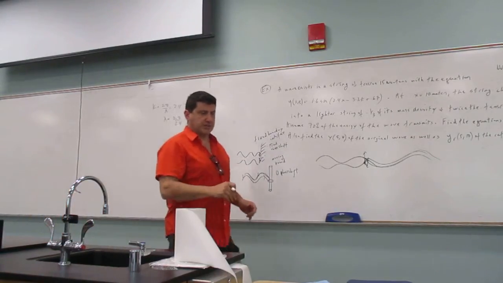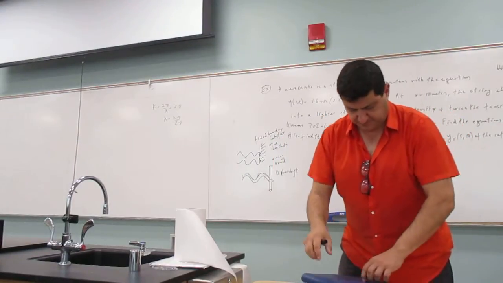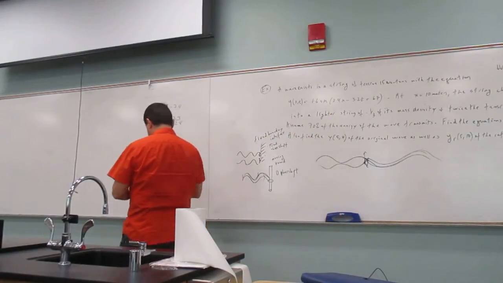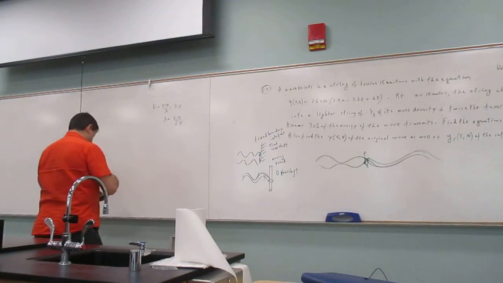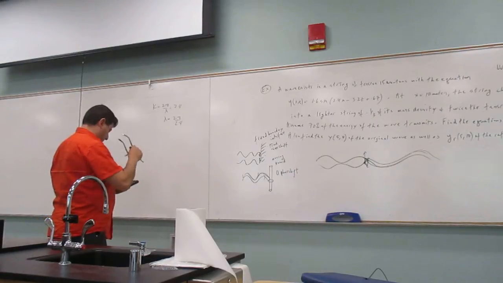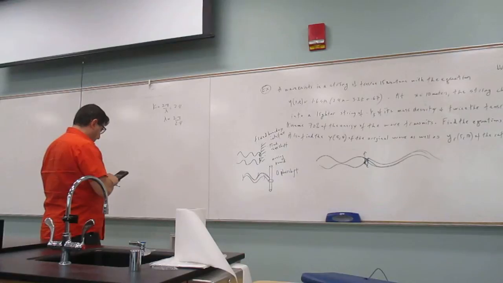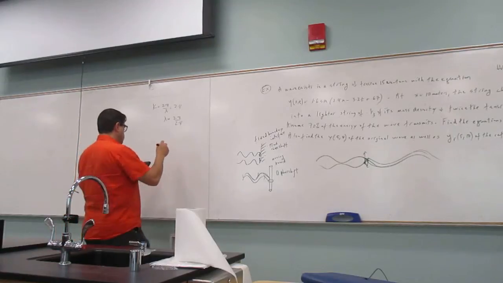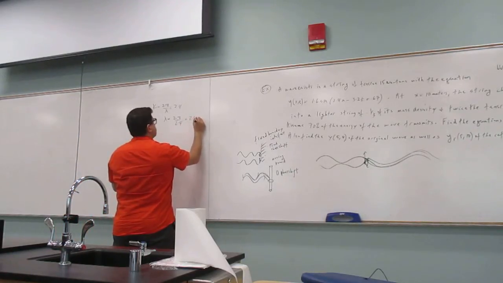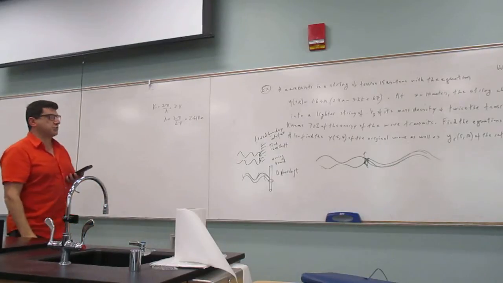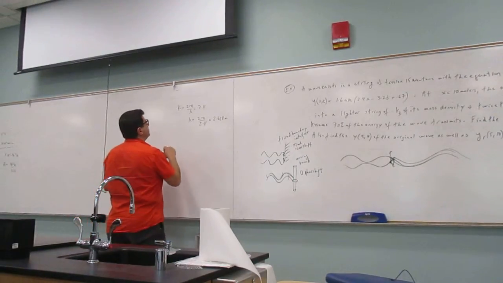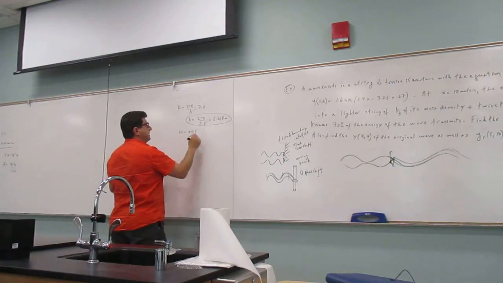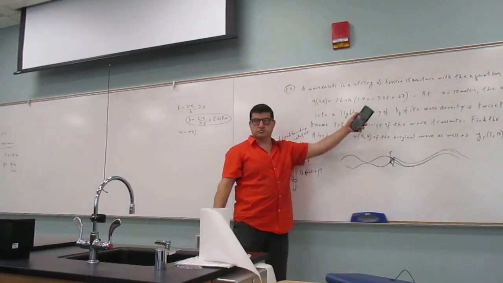right? So then we're going to get a bunch of numbers here. That's the wavelength of the wave, 2.618 meters. So then the omega is 2 pi f, and our omega is 3.2.